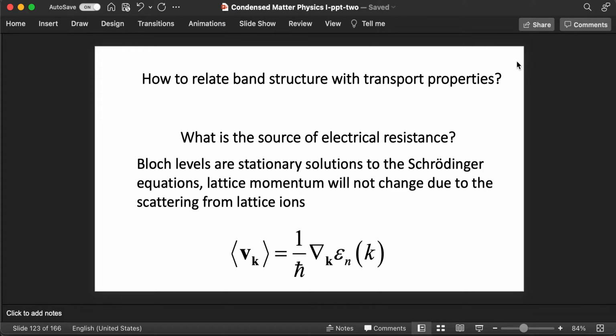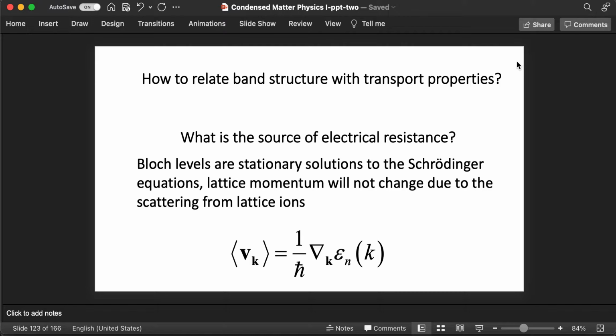So we shall study lattice vibrations in detail later on, but as you may have guessed, the lattice vibrations strongly depend on temperature. You can think of each lattice site, each ion, as vibrating like a spring, like an oscillator, as a first approximation.